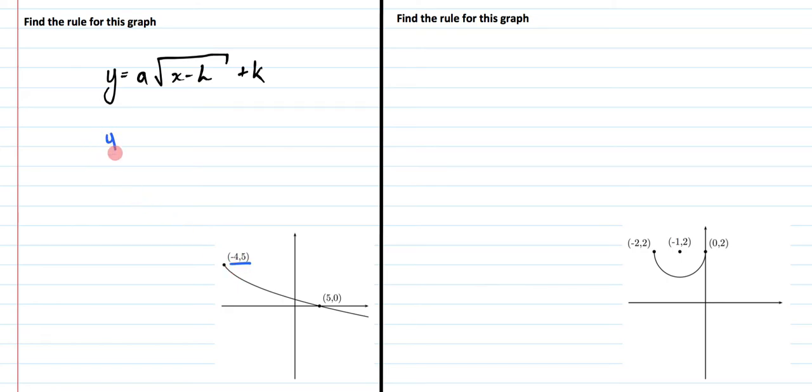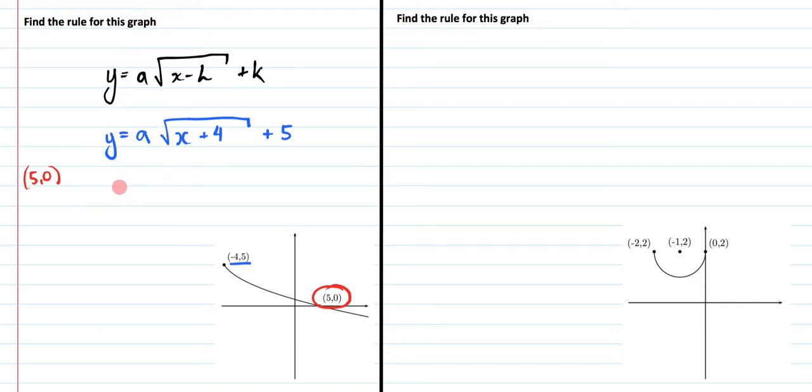So it's going to be y equals a, the square root of x plus 4, plus 5, because that will be (-4, 5) for my endpoint. I now need to solve what my a is, and I'll do that by subbing in the point (5, 0), which we are told here.